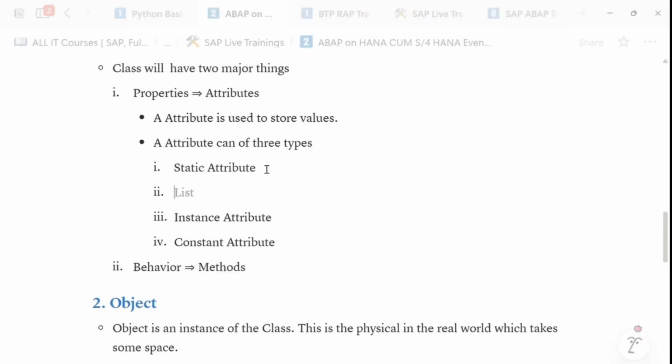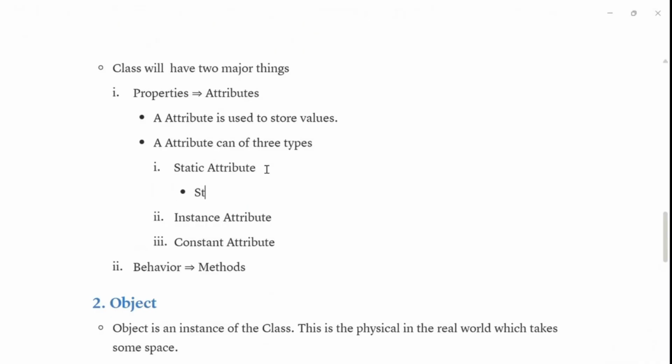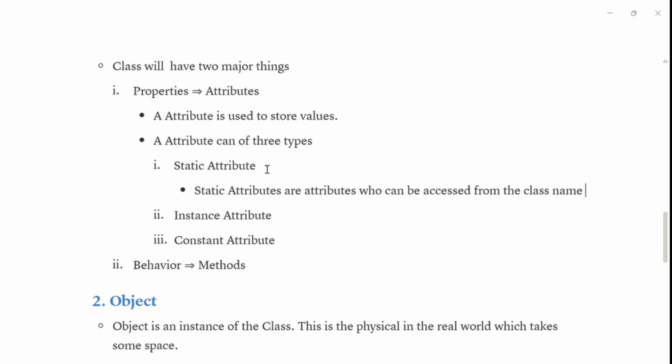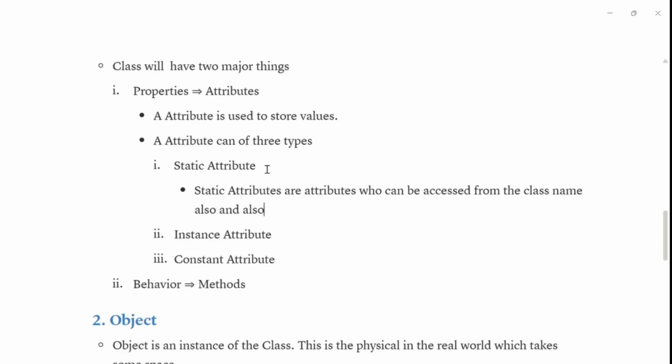So here, if I talk about the static one, static attributes are attributes who can be accessed from the class name also. They have the class level access. So class name also, and also from the objects.